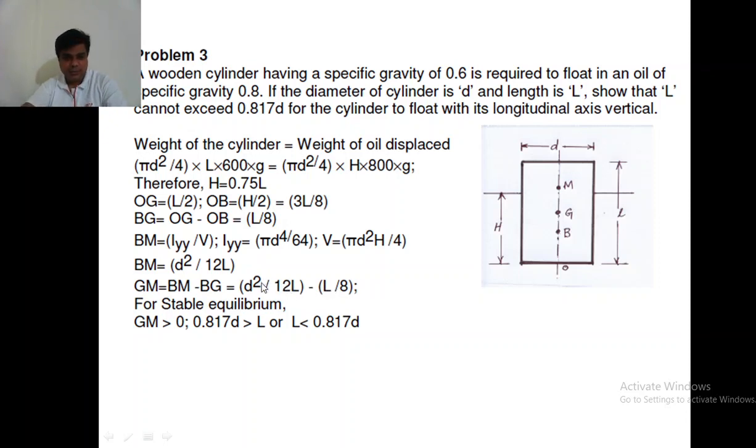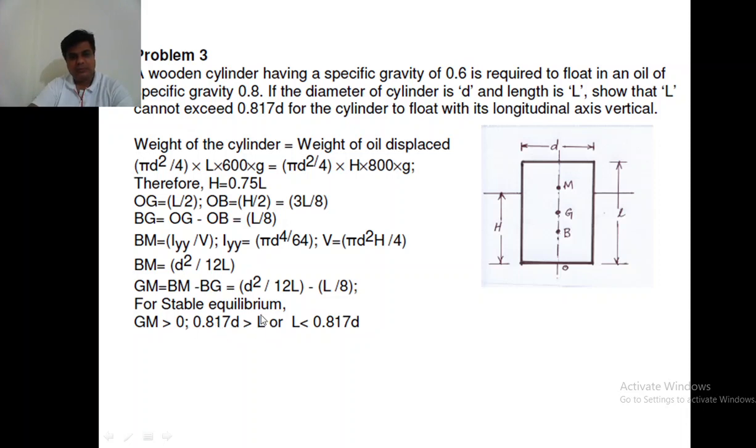So if you make d square by 12L equal to L by 8, you can bring it to the right hand side, and if you simplify that, you will get 0.817D greater than L. So simplify this in terms of L and D, we will get L should be less than 0.87D.